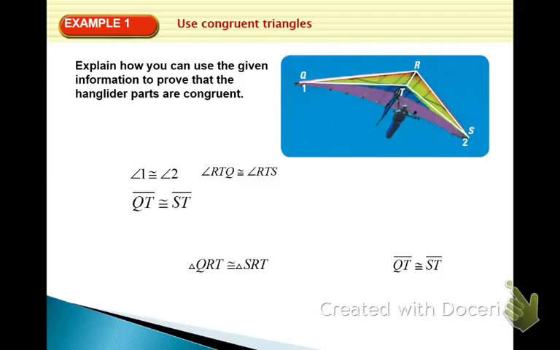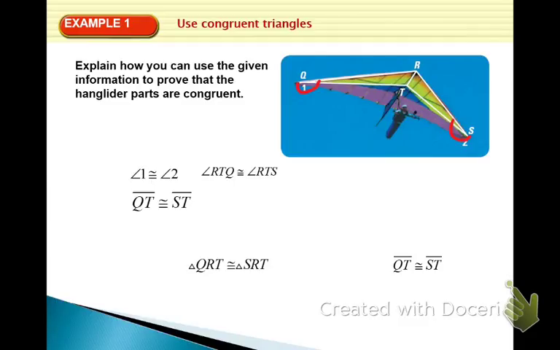Explain how you can use the given information to prove that the hang glider parts are congruent. So we have angle 1 congruent to angle 2. I think it's talking about these outer angles here. These 2 angles are congruent.